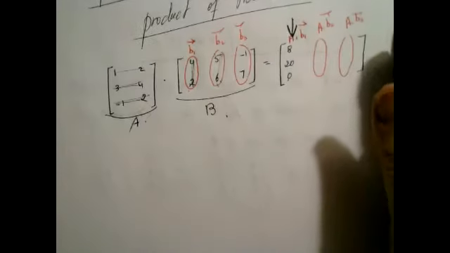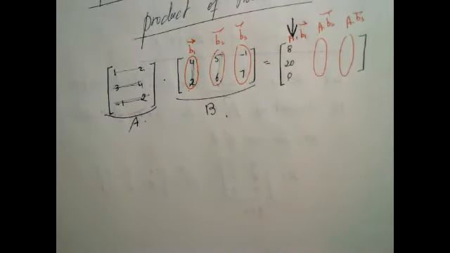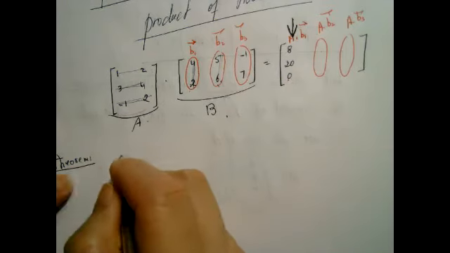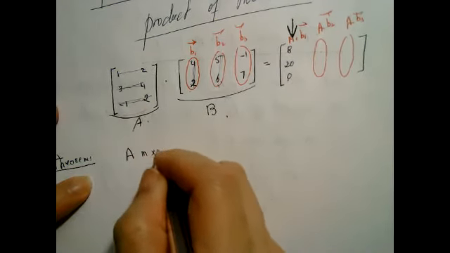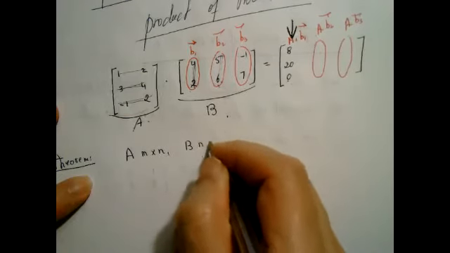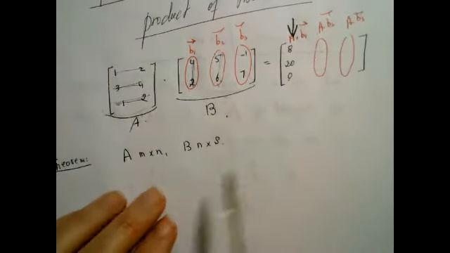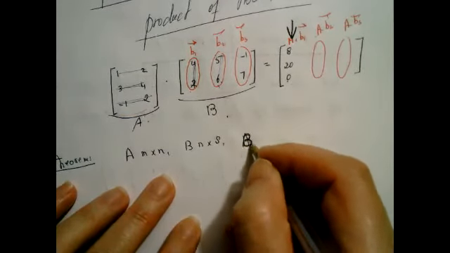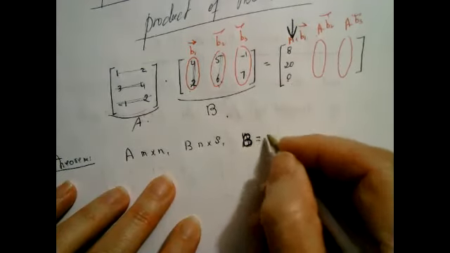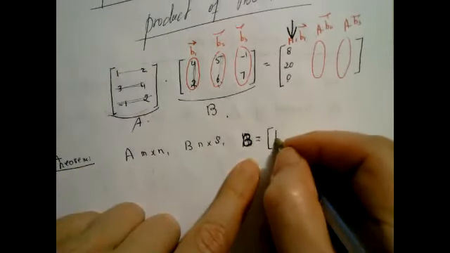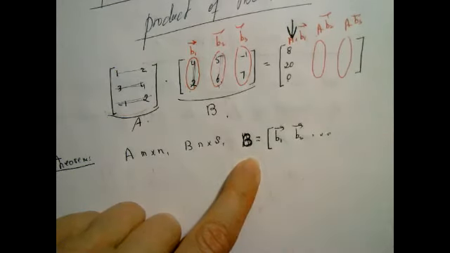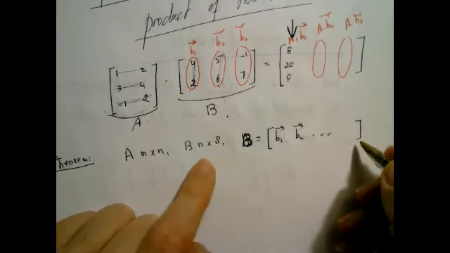So this leads us to the following theorem. You can call it a theorem, we can call it whatever we want. Suppose A is m by n and B is n by s, so I want the product to be defined. And I want to emphasize the columns of B. So assume that B is the following: B1, that's the first column, B2, etc. And what should be the last column?